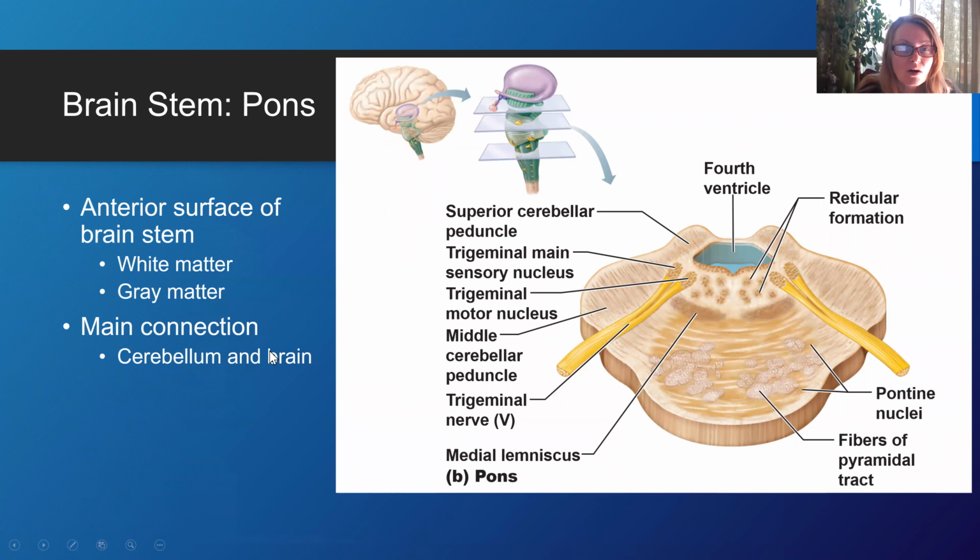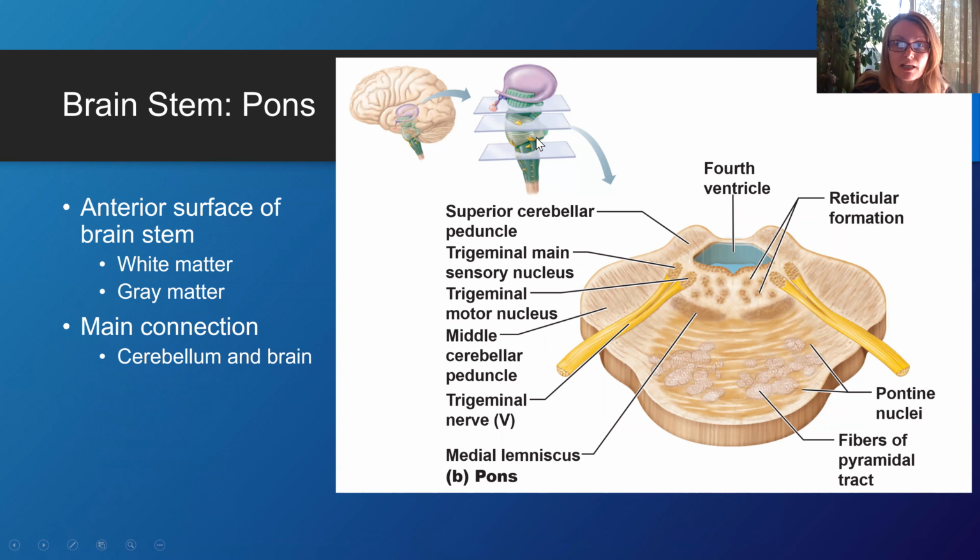Now, if you look at the pons, it will be inferior to the midbrain. It will also have white matter and gray matter. And it has the main connection to the cerebellum.